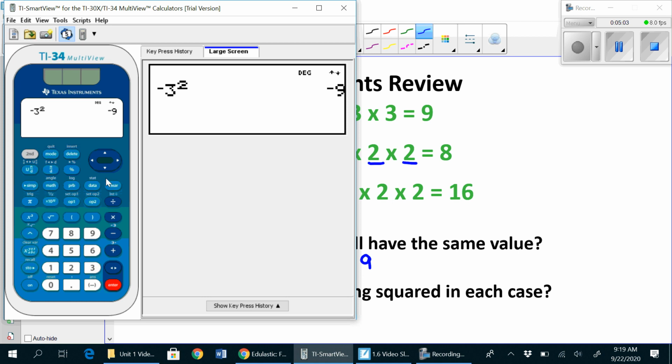If you have parentheses, it's important to put the parentheses into your calculator. The last one was negative 3 squared, and you see that we get a positive 9. Okay, so just be careful when you're inputting in the calculator and make sure you're inserting exactly what you see in the expression.